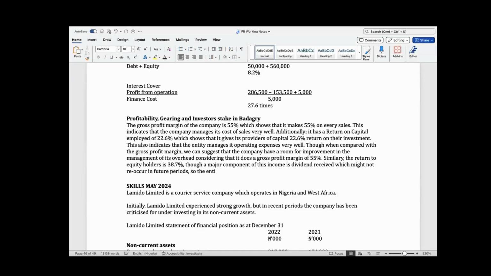So the entity should improve in the next year, where it might not receive dividends.